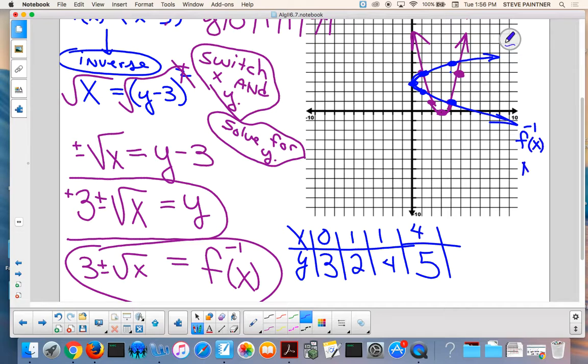So the answer is no. The inverse is not a function. Okay, so you will have to graph functions and inverse functions, and then you will have to be able to tell me, is the inverse function a function? Yes or no? The vertical line test will tell you yes or no.